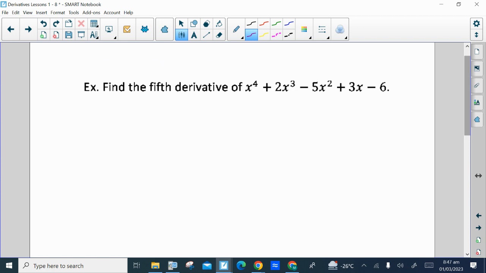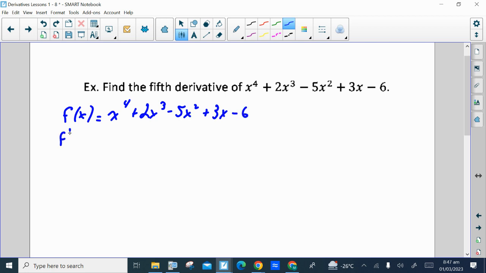So in this case, we want to find the 5th derivative. So if f of x equals the original expression, the first derivative would be 4x cubed plus 6x squared minus 10x plus 3.